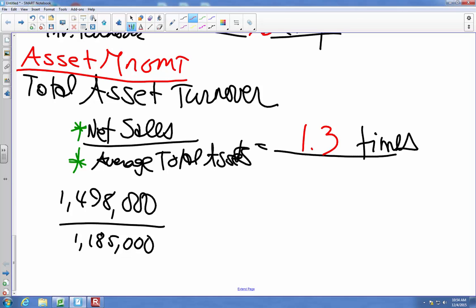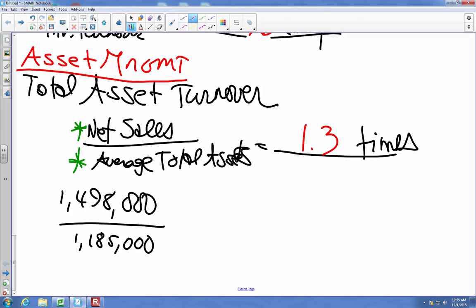Add the total 1,139,500 plus 1,230,500, divided by 2. So that number's correct. 1,498,000 divided by 1,185,000 equals. You don't do the first, you do the comparative. You have to go to the comparative balance sheet and pick up total assets. Yeah, 1.3 times, that's right.